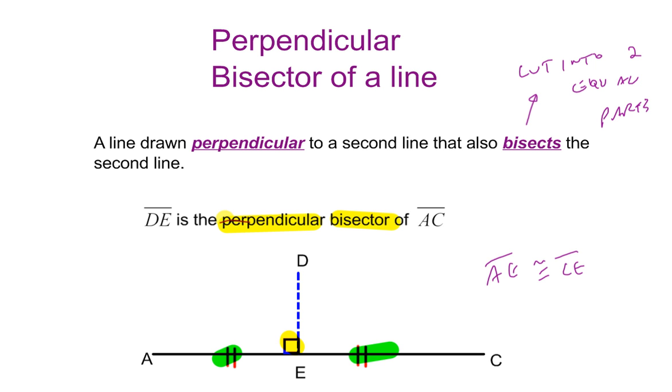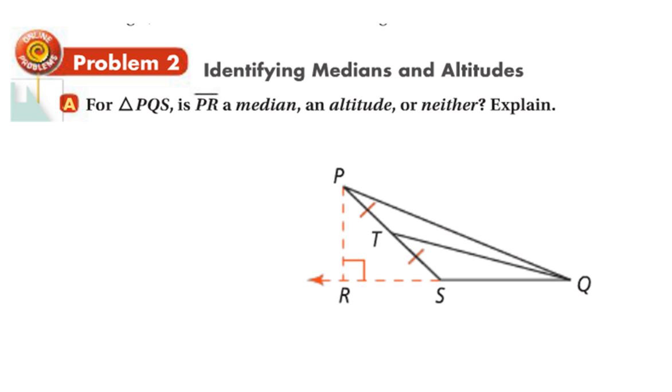Okay, let's see if we can solve some problems. So, identify the medians and altitude. For triangle PQS, is PR a median and altitude or neither? Let's see. PR is this piece right over here. So what is PR? Well, it looks like it's drawn from a vertex.